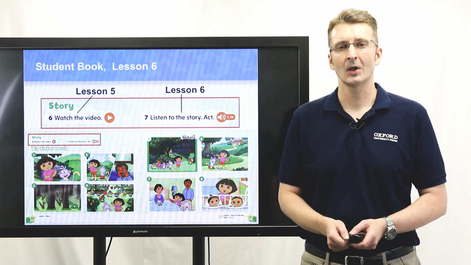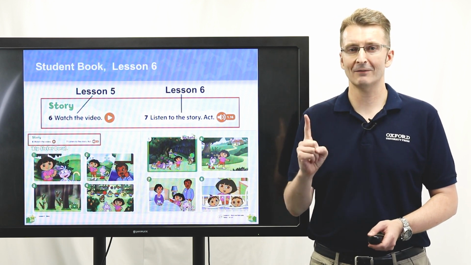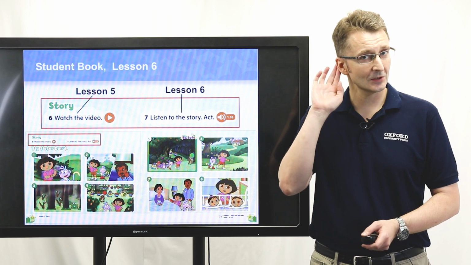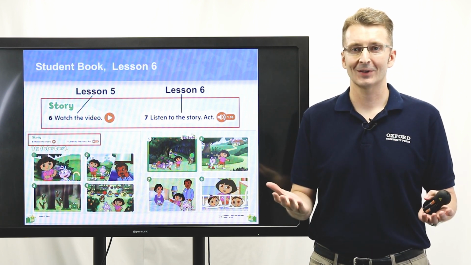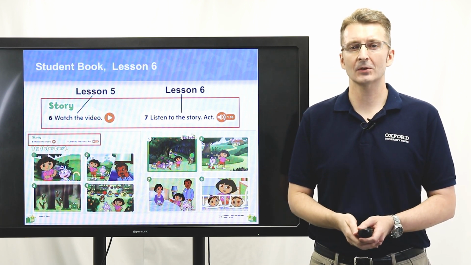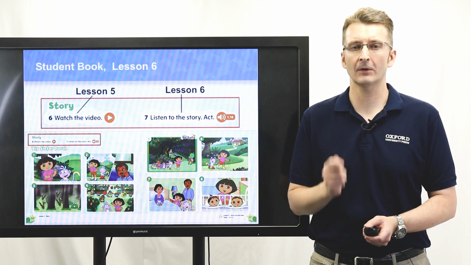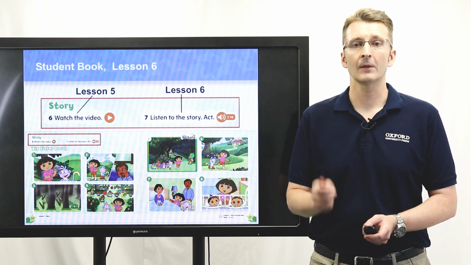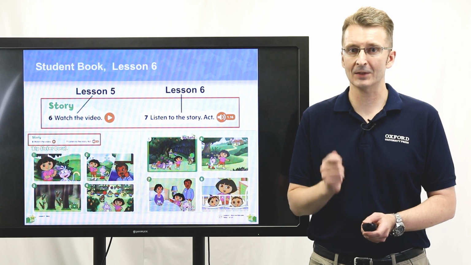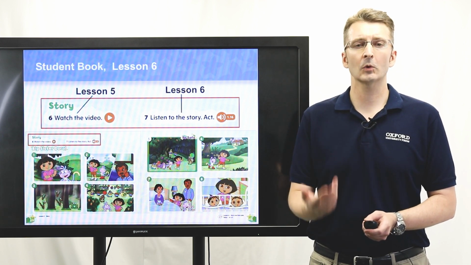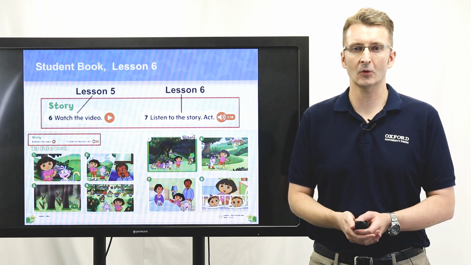In Lesson 6, students will do one activity, which is listen to the story, act. The 8 story frames in the student book present a simplified version of the animated video that students watched previously in Lesson 5. This supports children's understanding of the story.